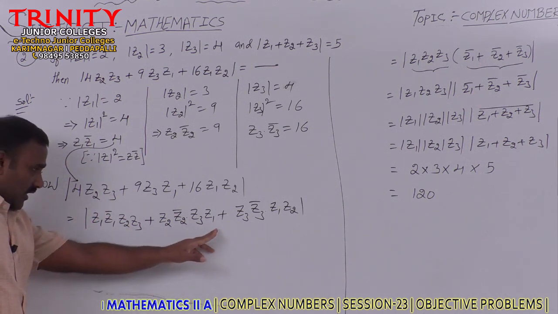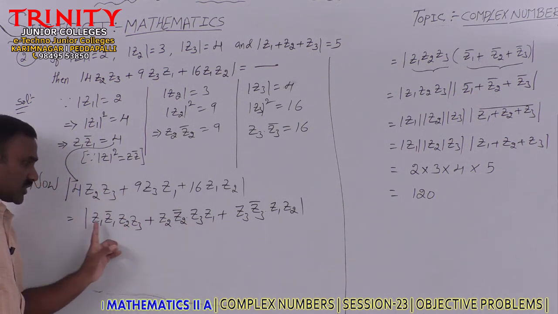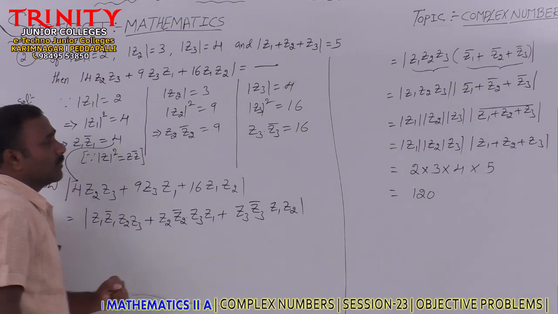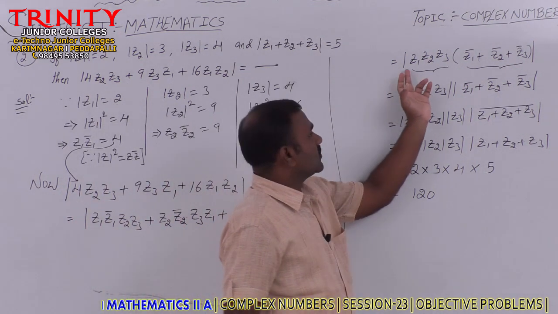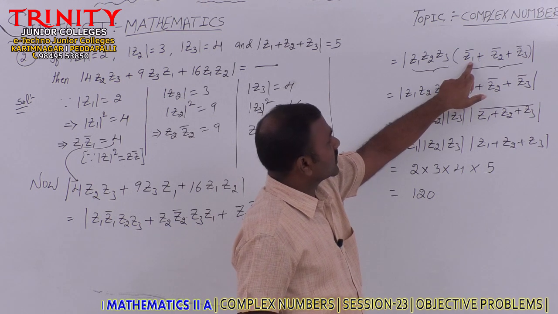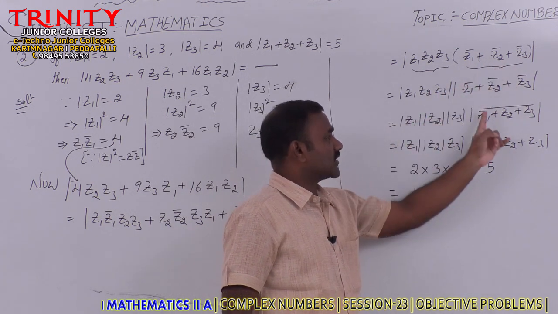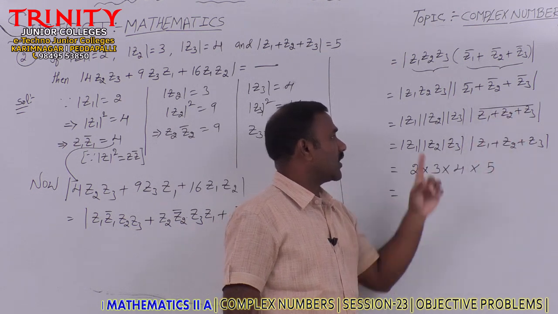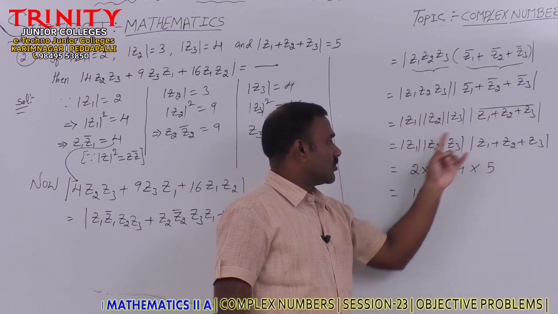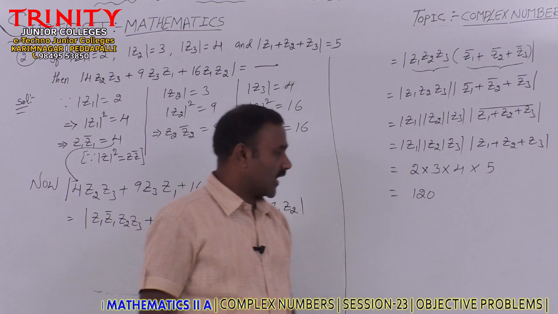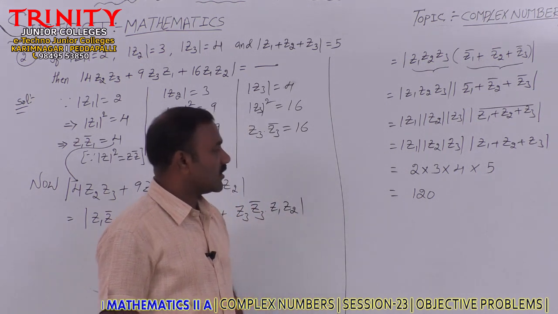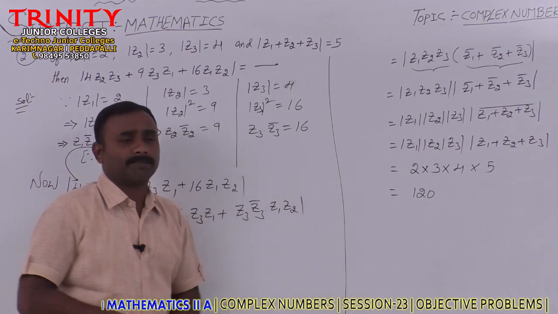And in the condition, z1 z2 z3 we have taken as common. Then the remaining values are z1 bar plus z2 bar plus z3 bar. Then this can be expressed as z1 plus z2 plus z3 whole bar and their individual mods. Then we have replaced their values. Finally, we got the value 120.